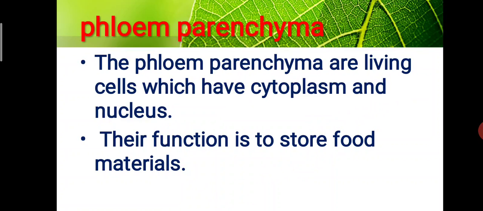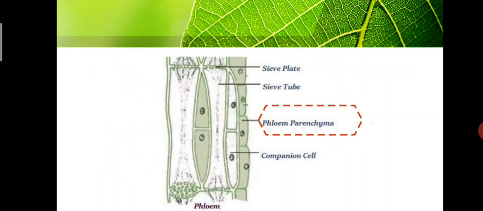So the parenchyma of both xylem and phloem have the storing property. Xylem will store starch and fatty substances, and phloem will store food materials. Is it clear, children? This is how phloem parenchyma looks. That is the place where it stores its food.